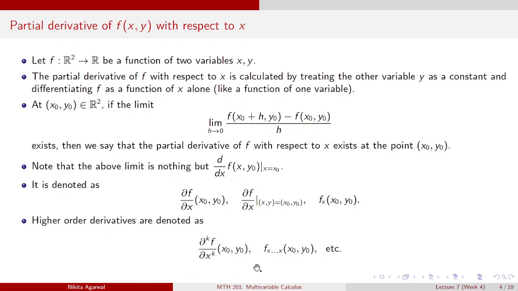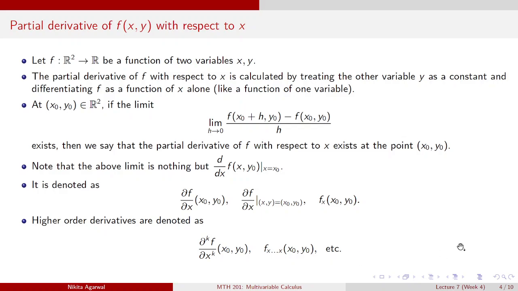You put x naught, y naught in the end. You don't put it at every stage because then it becomes a constant, right? And the derivative of a constant will be 0. So like in the one variable case, you put this point at the last stage. You can also write it as f sub x x x x, k many times, however many times you are differentiating, at the point x naught, y naught.